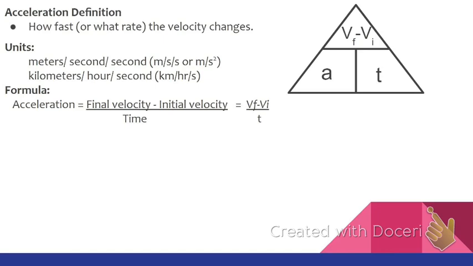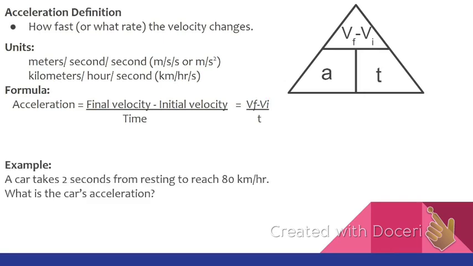The change in velocity is this symbol right here, delta V, or that triangle we call delta. That equals the change in velocity, which is velocity final minus velocity initial. So the change in velocity over time is how we measure acceleration.